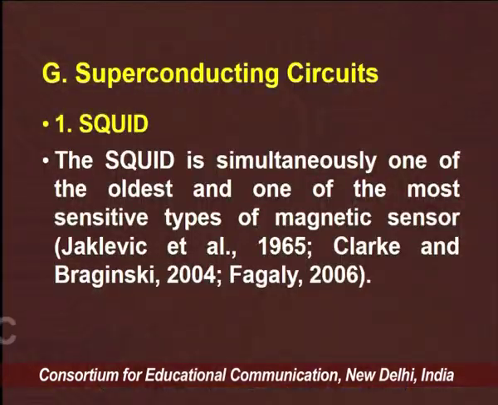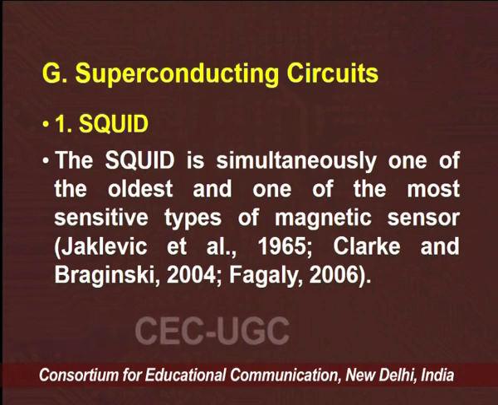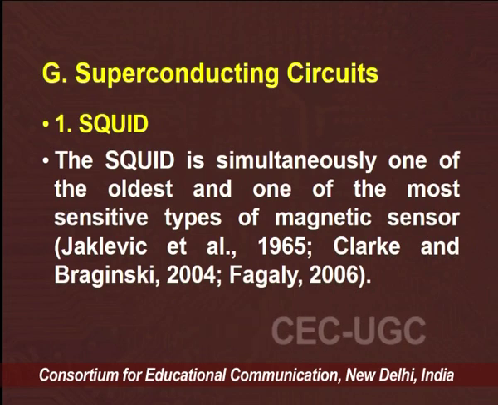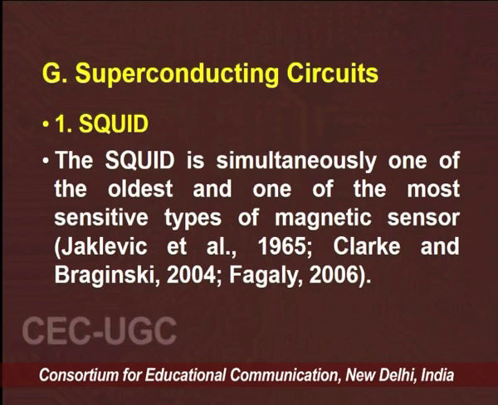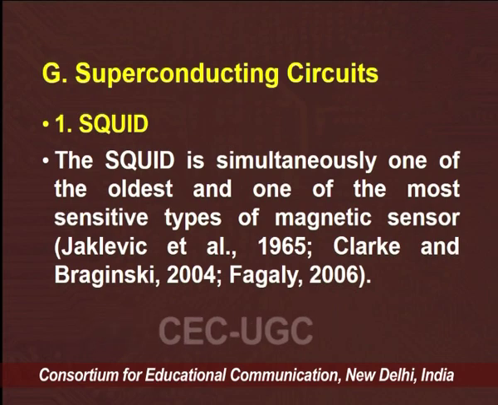superconducting circuit. In the superconducting circuit we have the SQUID. We have already discussed the SQUID in the previous lecture, which is simultaneously one of the oldest and one of the most sensitive types of magnetic sensor, including how the SQUID works.